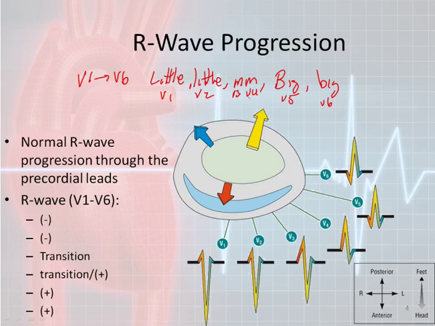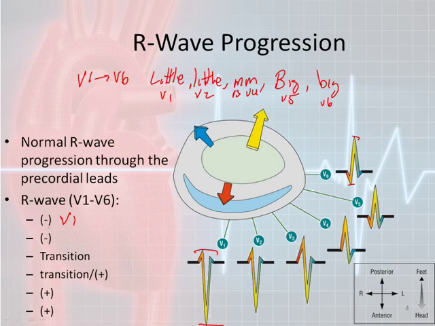This can be somewhat confusing because if you look at V1, you're going to have a huge QRS complex, whereas in V6 you're going to have a smaller QRS complex. So people get confused about this little, little, medium, medium, big, big philosophy. It's a little bit better to think of it this way.